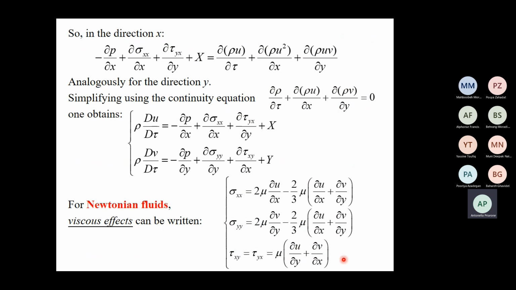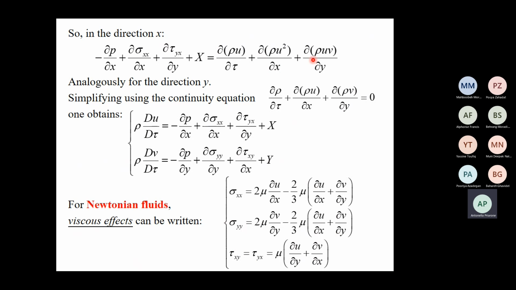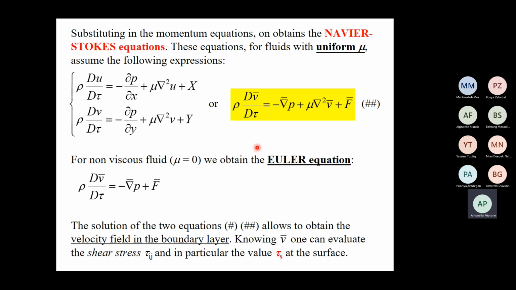So by using the Newtonian fluid viscous effect expression written here and inserting it in the previously obtained momentum equation, I obtain the so-called Navier-Stokes equation.